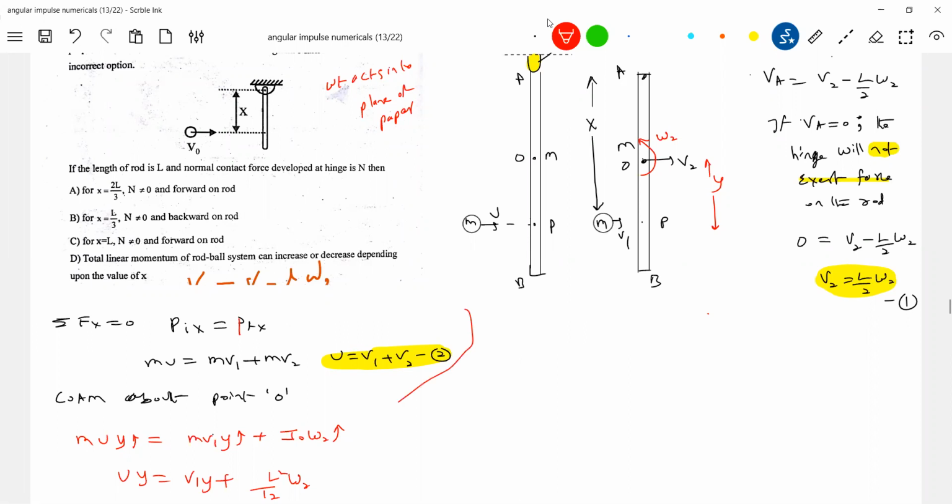Now I'll proceed here further. u minus v1, what can you write? u minus v1 into y, or u minus v1 is equal to L square omega 2 by 12y. This is equation 3. Put 2 in 3. u minus v1, we can write it as v2.